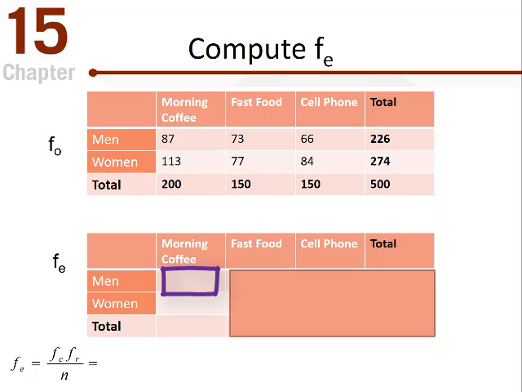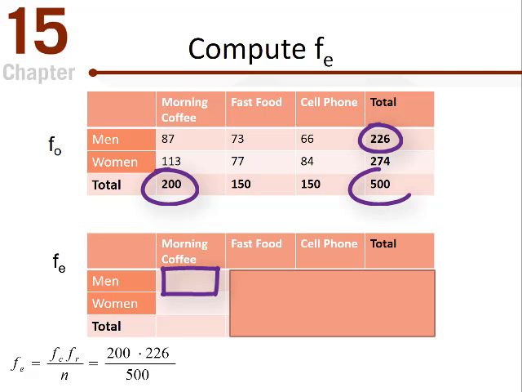What would the cell for men and morning coffee look like then? All we have to do is take the row total times the column total. So 200 times 226 divided by the total number of people, that's 500. So for the cell morning coffee and men, we get 90.4.